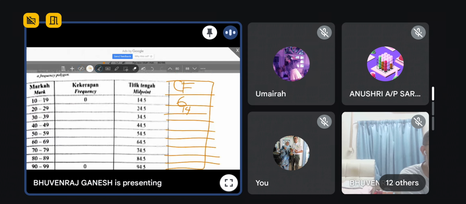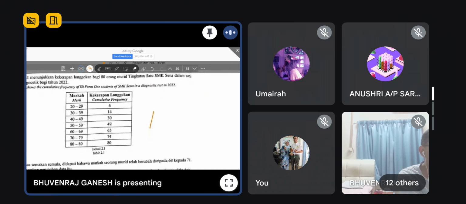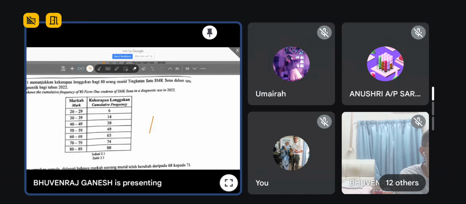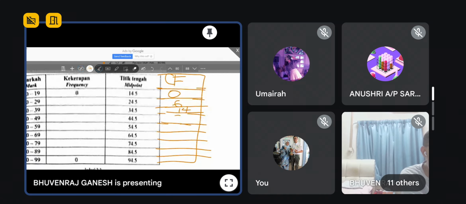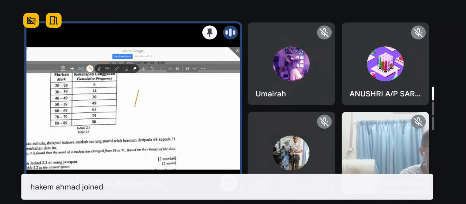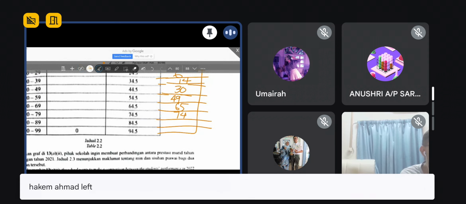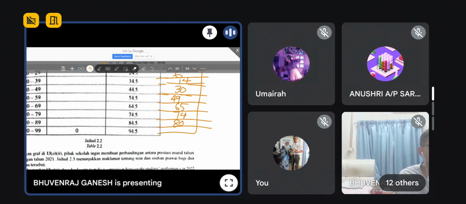Sorry, this one is not correct, got extra. So this one is 0, 6, 14, 30, 49, 65, and then 74, 80. Okay guys, so this is your table currently.